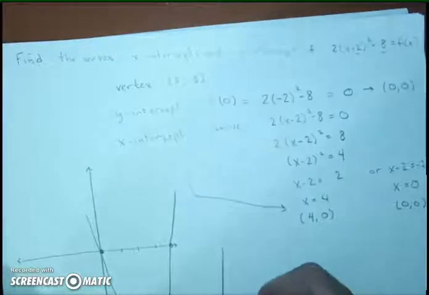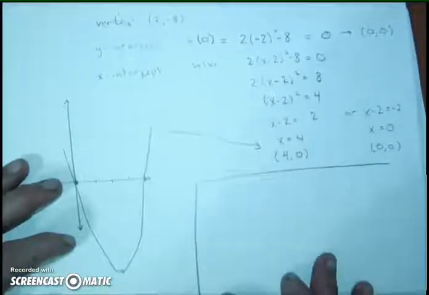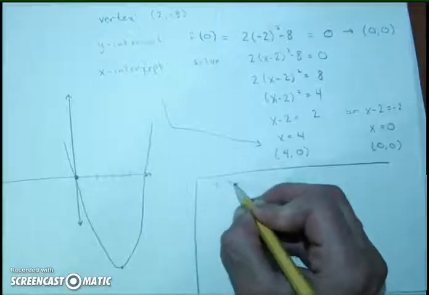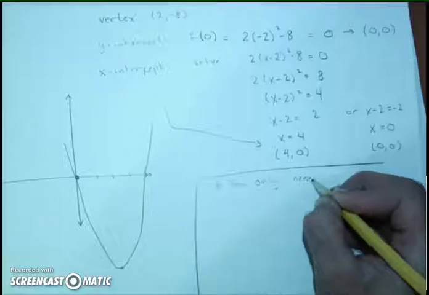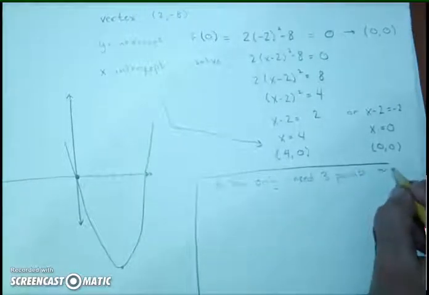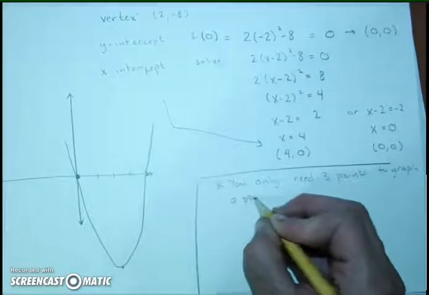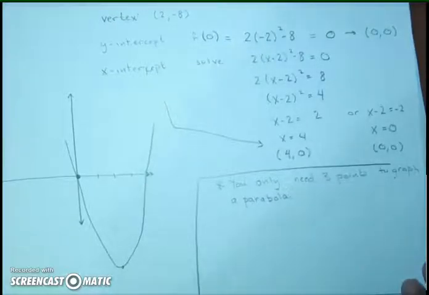So the basic idea here, the key in doing these graphing examples, is that you only need 3 points to graph a parabola. For more complicated functions, you need more than 3 points, but for parabolas, you only need 3.